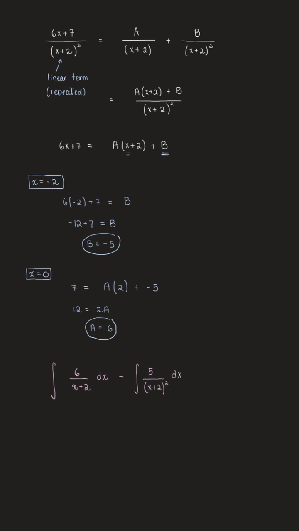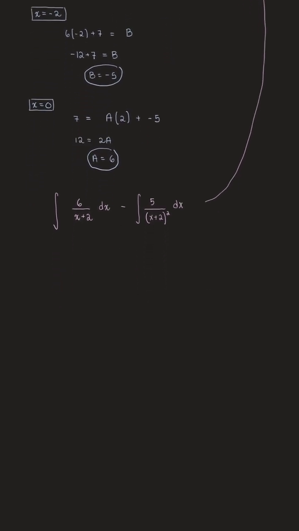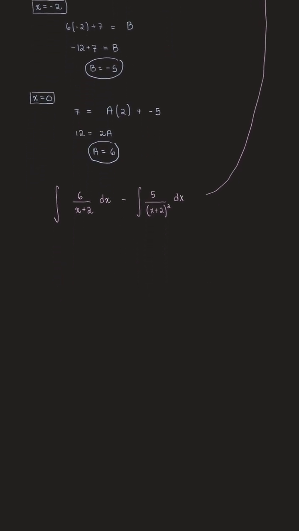So I basically used our partial fraction decomposition from above, plugging in the values of A and B that we've already found. And as you probably already know, if you've been watching my videos, I like to pull out the constant so it's a little bit easier to see how to integrate. And we'll just tackle each integral separately.